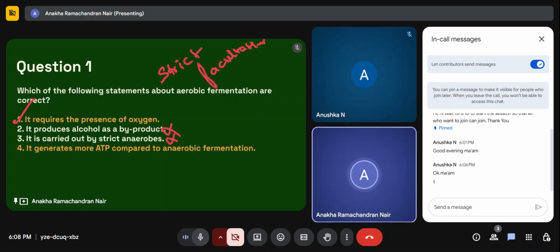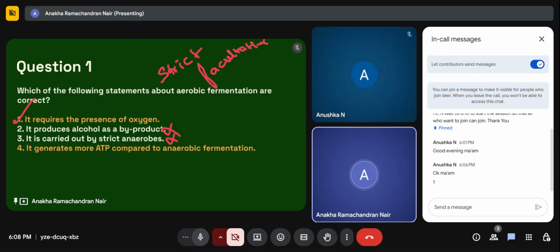Strict means they can only use anaerobic or aerobic fermentation, and facultative means depending on the environment that they are in, they can do both of them. So it is carried out by strict anaerobes, that is not correct. And option 4, it generates more ATP compared to anaerobic fermentation, is correct. The pyruvic acid formed in glycolysis, when there is presence of oxygen, goes into the TCA cycle and produces around, if I'm not wrong, 36 ATP.